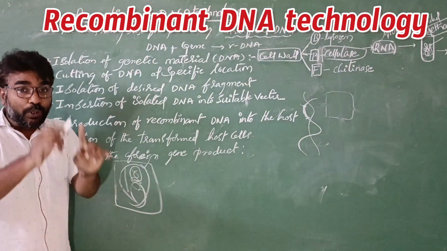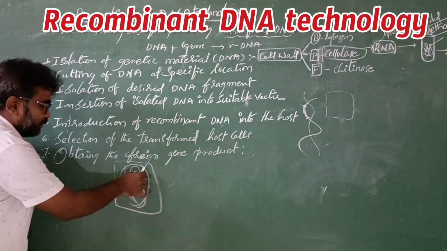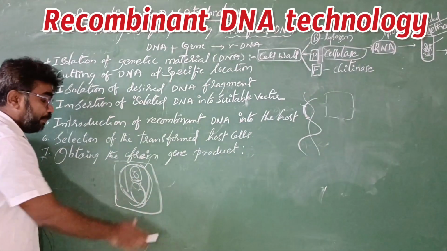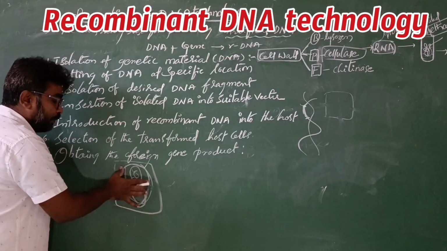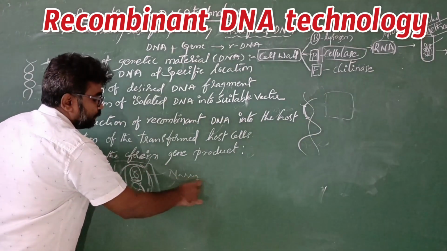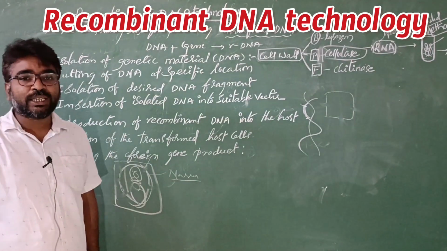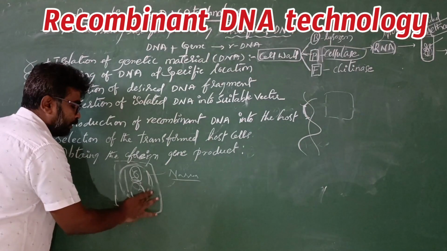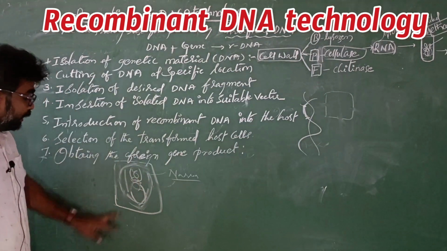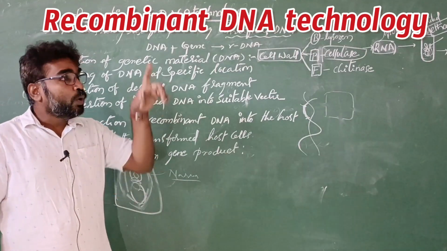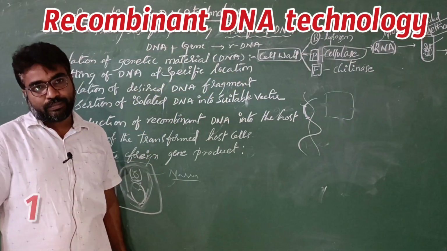Then the nuclear membrane is there. For breakdown of this nuclear membrane, we are using some nucleases. Then the nuclear membrane also breaks down. Then in this nucleus, we need only DNA.